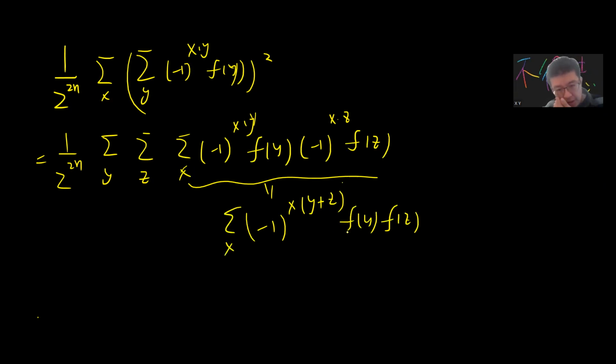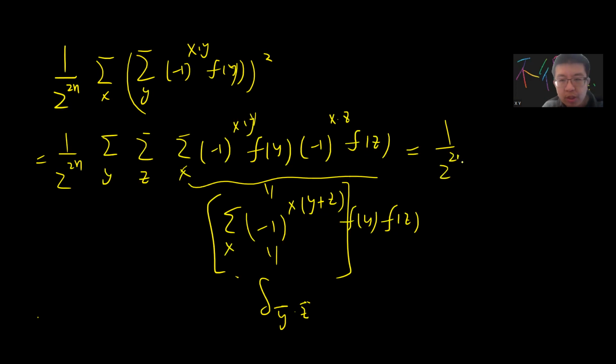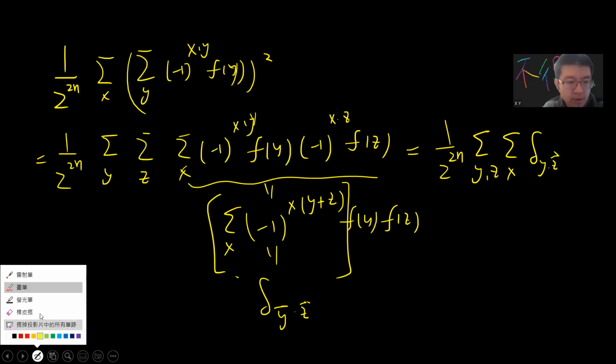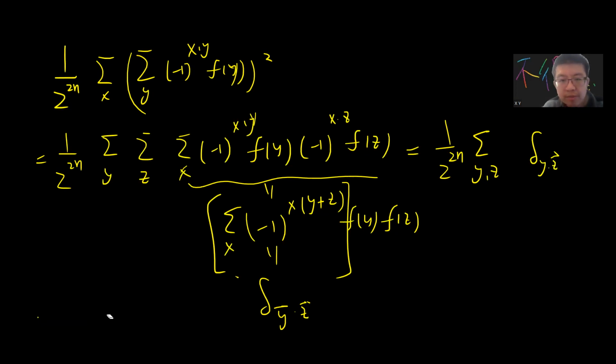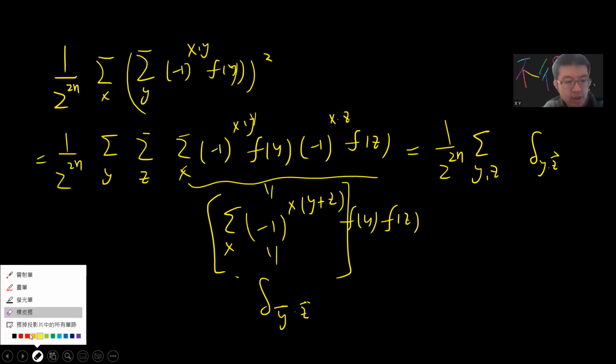Okay, so notice that this minus 1 to the x·(y plus z) sum is 0 unless y equals z, as vectors. Okay, so this is 1 over 2 to the n, the summation over y and z, and x disappears, right?